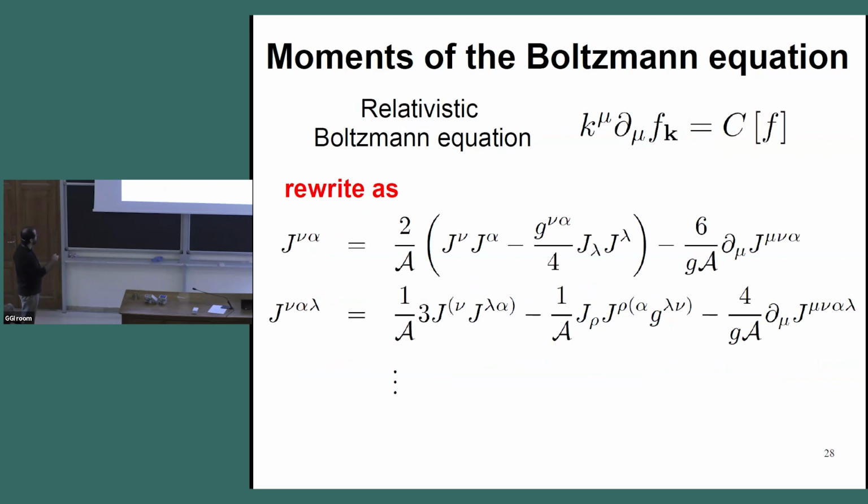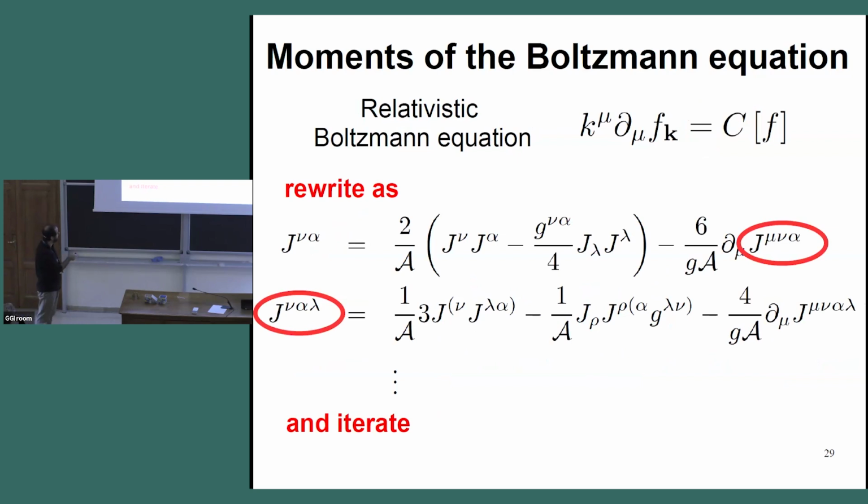And then this guy, which appears up here, is also given by this leading expression plus some gradient correction. And you can go like that forever and ever. And what I'll do here is I just iterate, right? I just take this expression, put it up here, whatever is down here, put it up there. And if you do that, you will get some expansion in powers of gradients of these currents, J mu nu, and this scalar moment A, right? If you just keep doing this forever and ever.